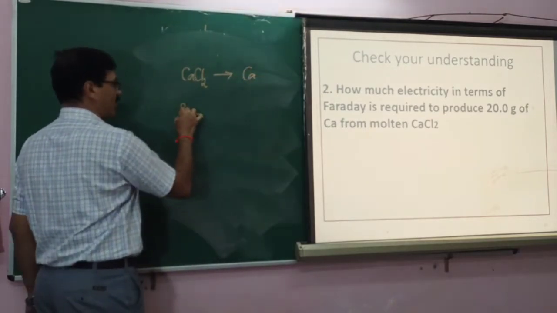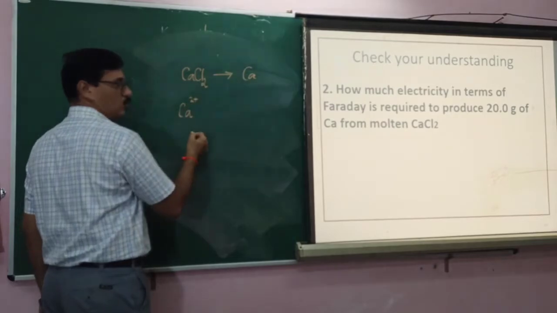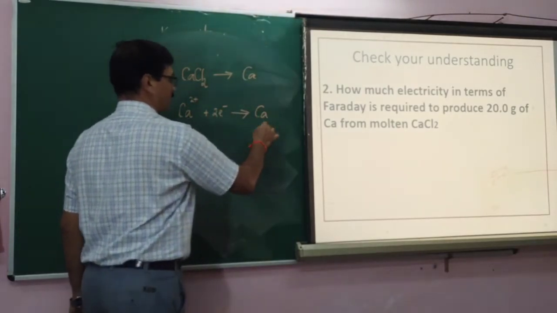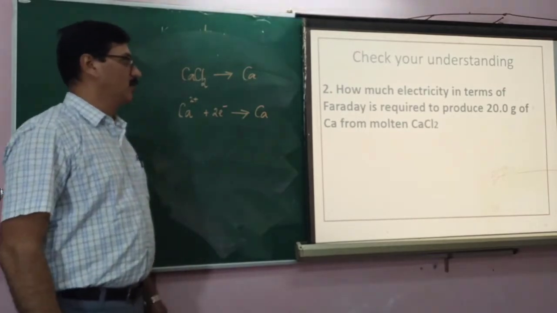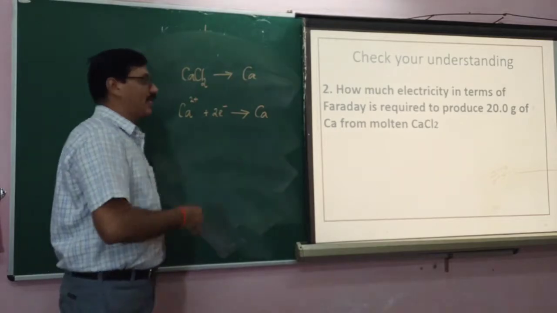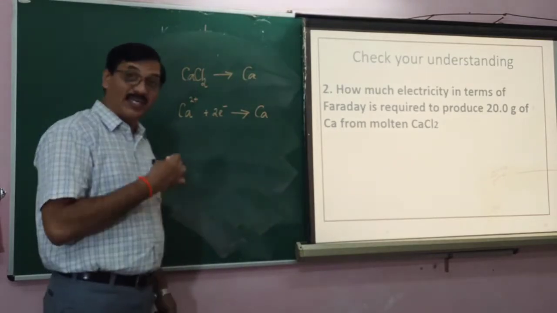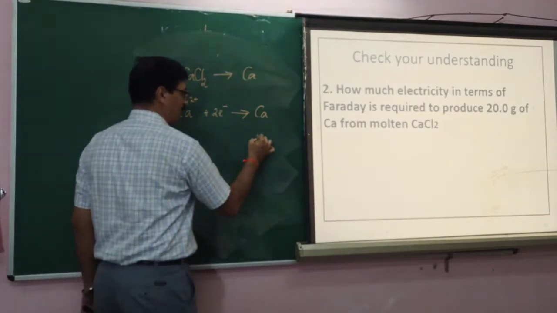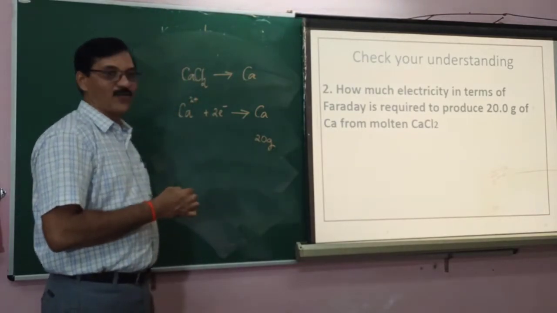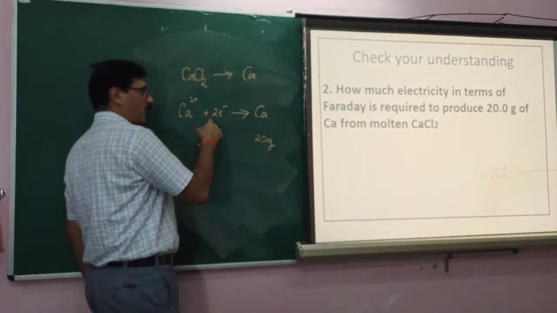Let us take the ionic equation, Ca2 plus plus 2 electrons giving rise to Ca. This is the half equation to be taken. How much electricity in terms of Faraday is required for getting 20 grams? So let us see from this point of view.